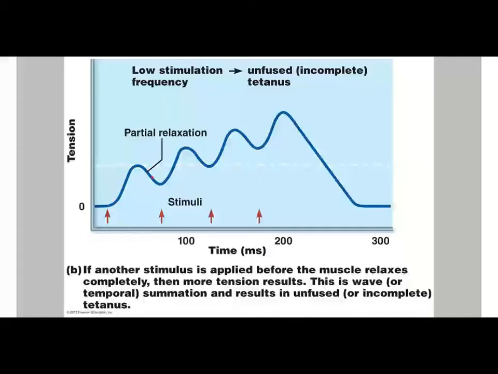But before we come all the way back down to relaxation, another stimulus comes. So we go through a little bit more contraction. Tension builds. The actual tension is the same for both, but since we're starting from a period of partial contraction, when the second stimulus comes, we actually get to a stronger state of tension.